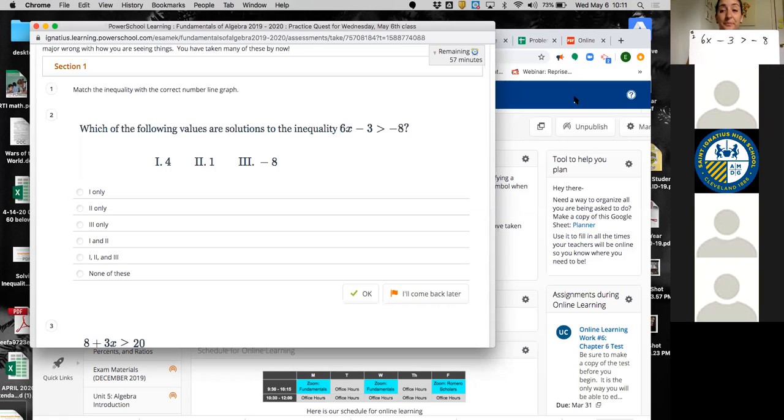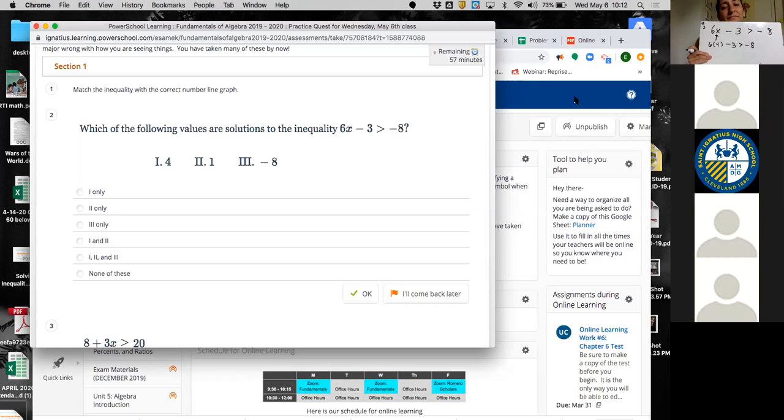Put it in the equation. Yeah, let's put it in there. So I'm going to do 6 times 4 minus 3 is greater than -8. So what's 6 times 4 minus 3? 6 times 4, that's 24. And then minus, you said minus 3?